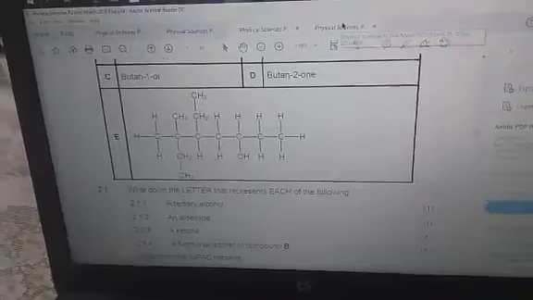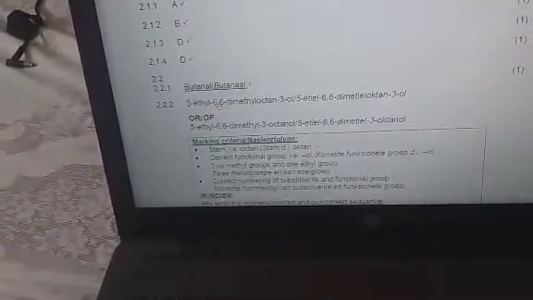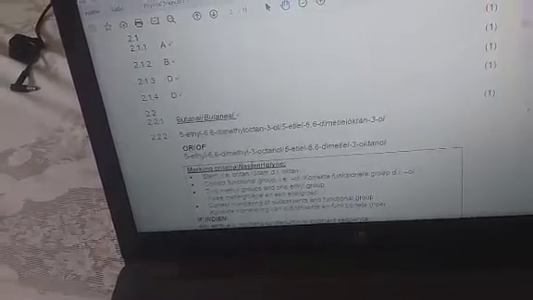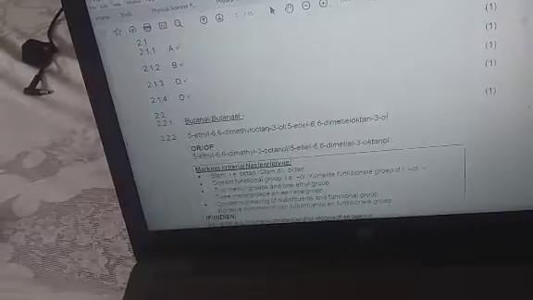We need to be careful of that. It's 5-ethyl, comma, because you're separating a number from a number, so it must be a comma. A word from a number is a hyphen, dimethyl, octanol. But you are saying where this functional group is, on the third one. That's what it is, guys.